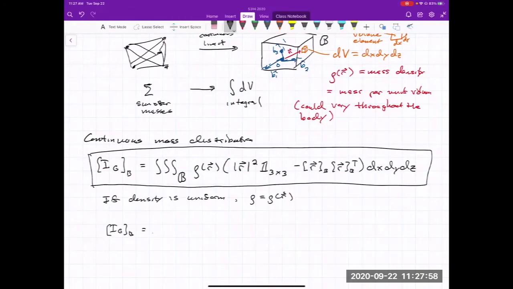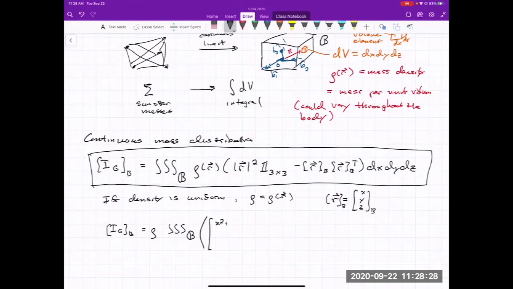So pull out the density, and then we've still got a triple integral over the body. And if you work out what this matrix is, so if each point R we describe as X, Y, and Z, let me be careful and write in the body fixed frame. So this is a triple integral over R squared times the 3 by 3 identity.